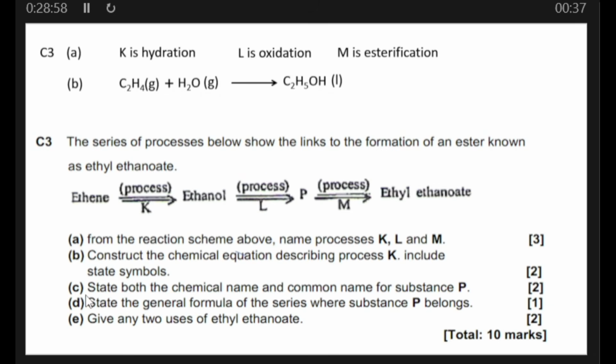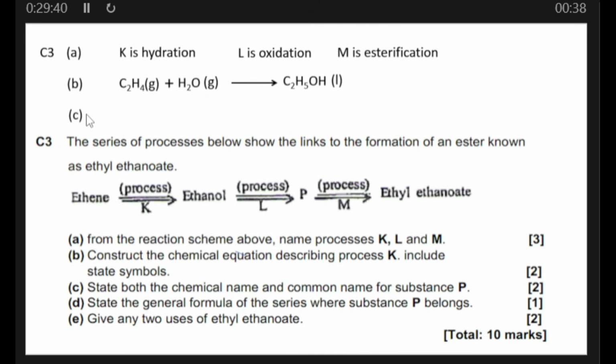Then we go to C, state both the chemical name and common name for substance P. So this substance here, which was formed by the formation of an alcohol, when this alcohol undergoes the oxidation, it will be ethanoic acid here, because they are saying state the chemical name, ethanoic acid, and the common name of substance P. So it will be acetic acid.